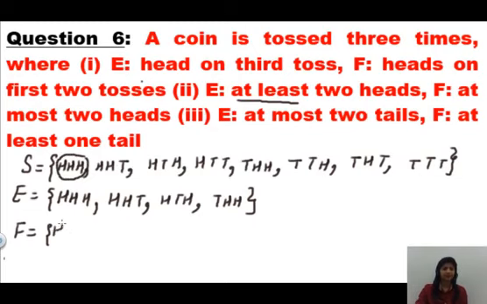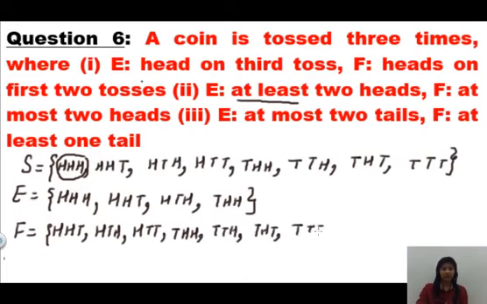Write them: HHT, HTH, HTT, THH, TTH, THT, because in these we have zero, one, or maximum two heads.